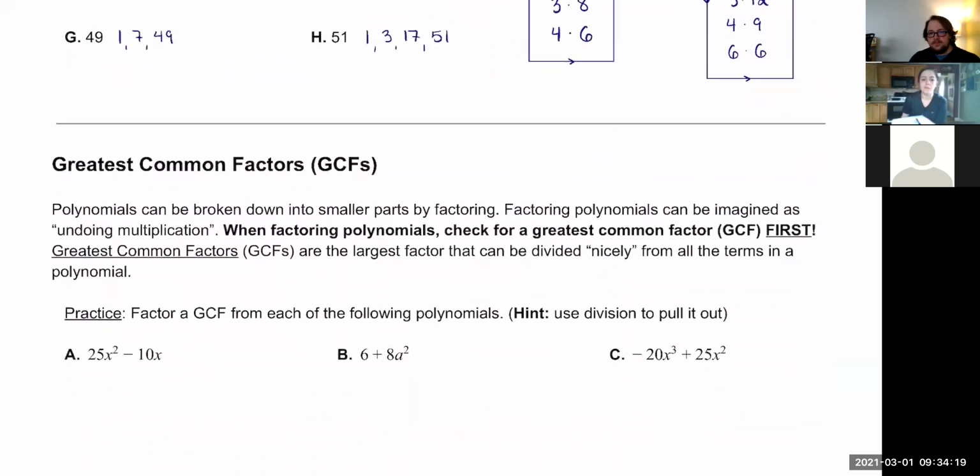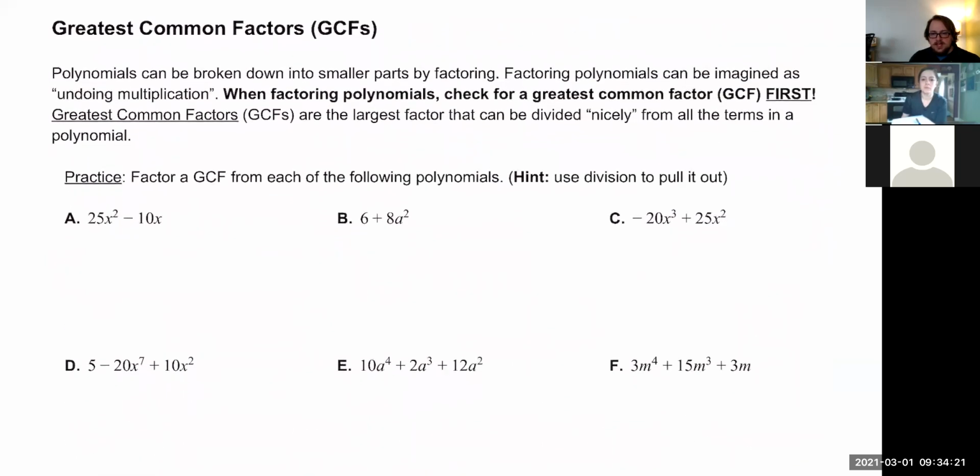Now, taking this idea of factors and introducing them into the polynomials we introduced last week, we can do something that is actually undoing what we've been doing all along. So basically, if you recall, since unit 1, if I gave you a set of parentheses, what did you want to do? Distribute. We're going to do the exact opposite.